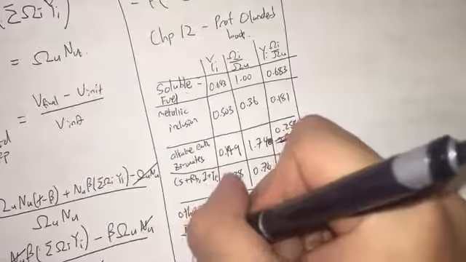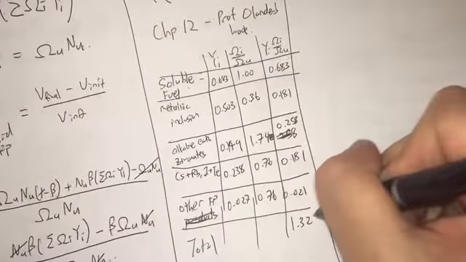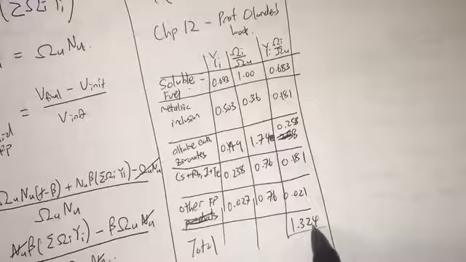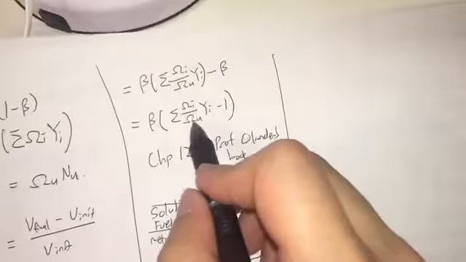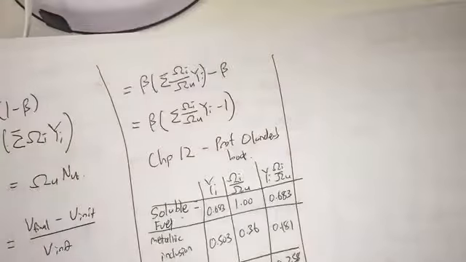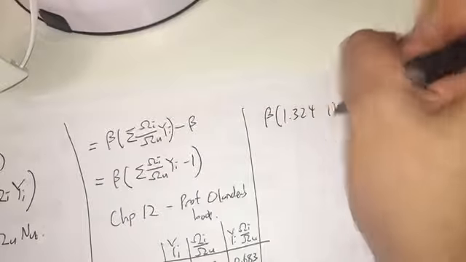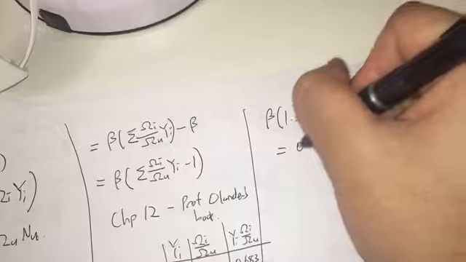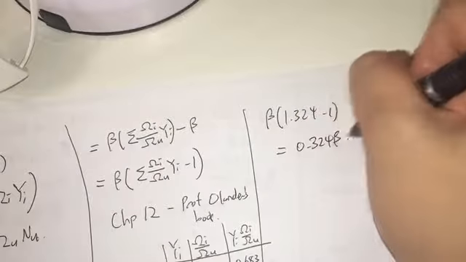So the total is 1.324. This is the total, and this is this term over here. So beta times 1.324 minus 1 equals 0.324 beta.